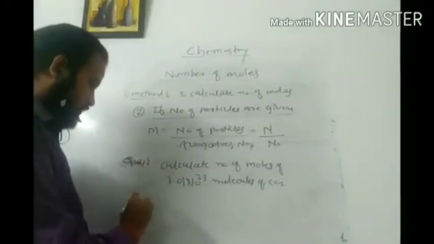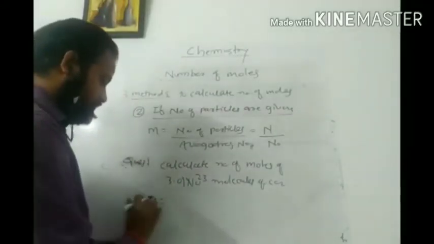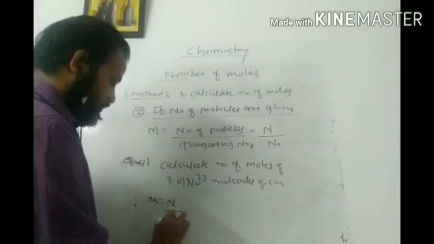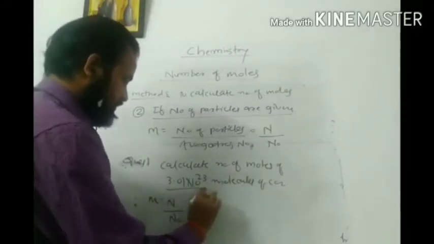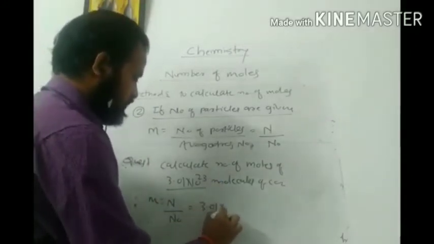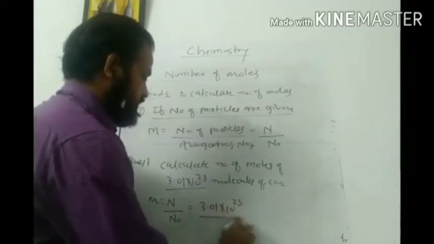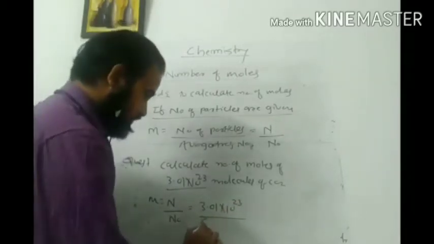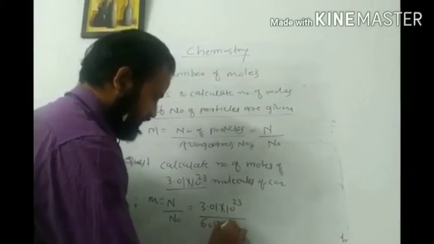Then we have to use the formula and directly write moles equal to n upon n0. Here n is given as 3.01 into 10 raised to 23, and n0 is Avogadro's number, which is 6.02 into 10 raised to 23.